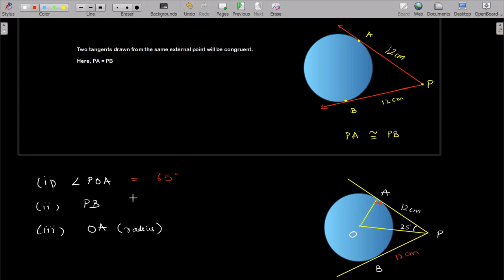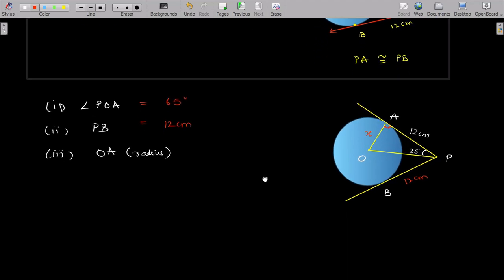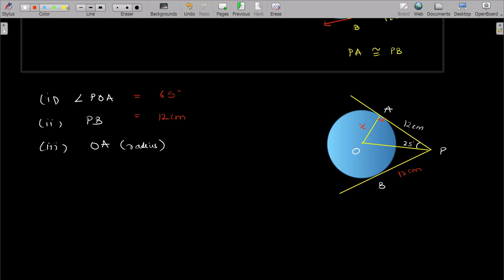Perfect. So we have the first part and we have the second part, and now for the third part, OA. We have to find out OA. Let's say that this is X. Now in this one, how can we find out the length of the radius? I'll give you a hint. The hint is trigonometry.